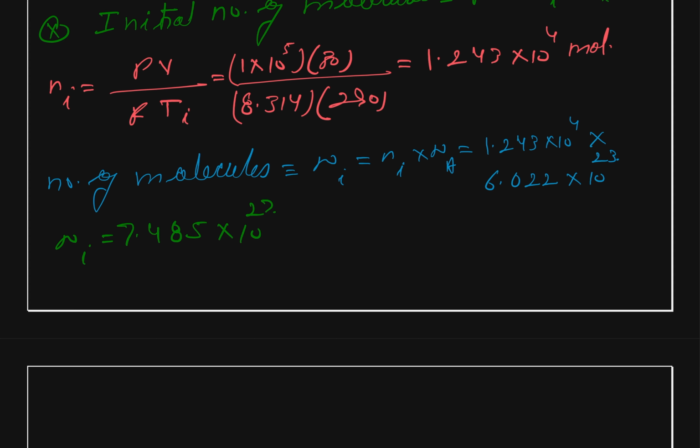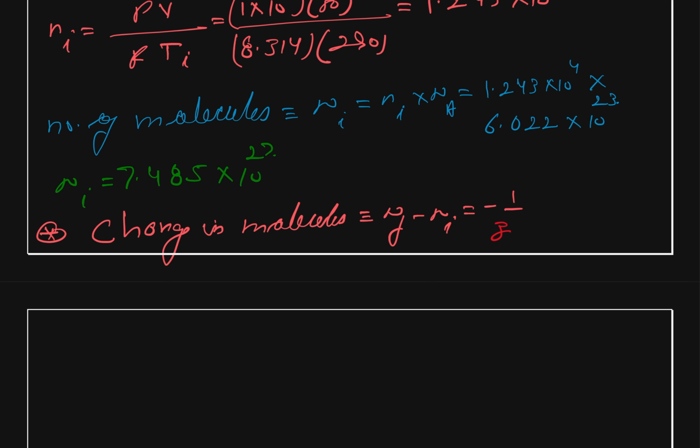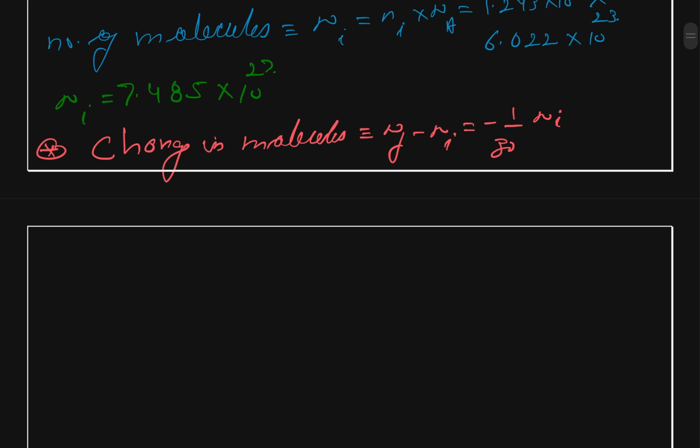And we can easily find out, because we have to find Nf minus Ni, which is nothing but our change in number of molecules. Therefore, we can say that the change in molecules will be equal to Nf minus Ni, and that is 1 upon 30 times Ni, and Ni we just calculated.